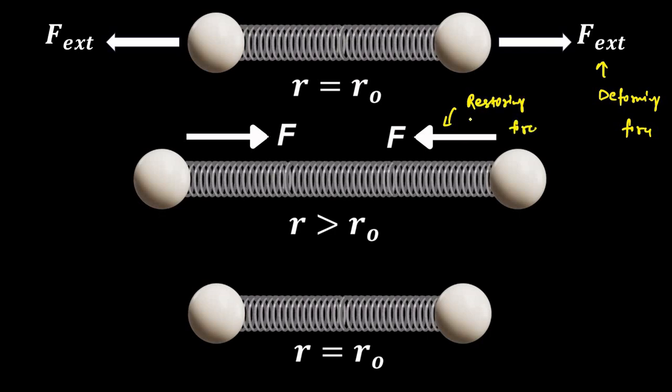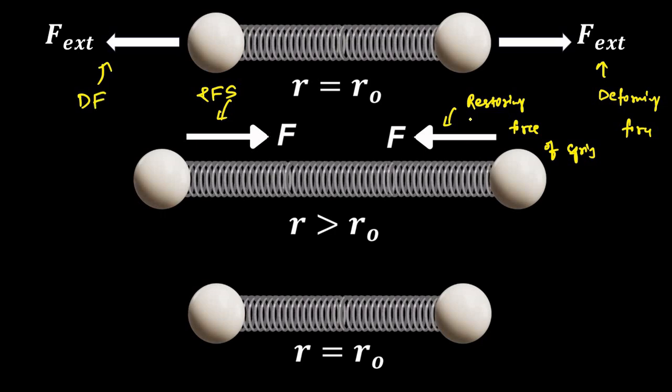and this is the restoring force of the spring. I told you that the restoring force of the spring always acts in the opposite direction to the externally applied force. This is also the restoring force of the spring, acting in the opposite direction to the externally applied deforming force.